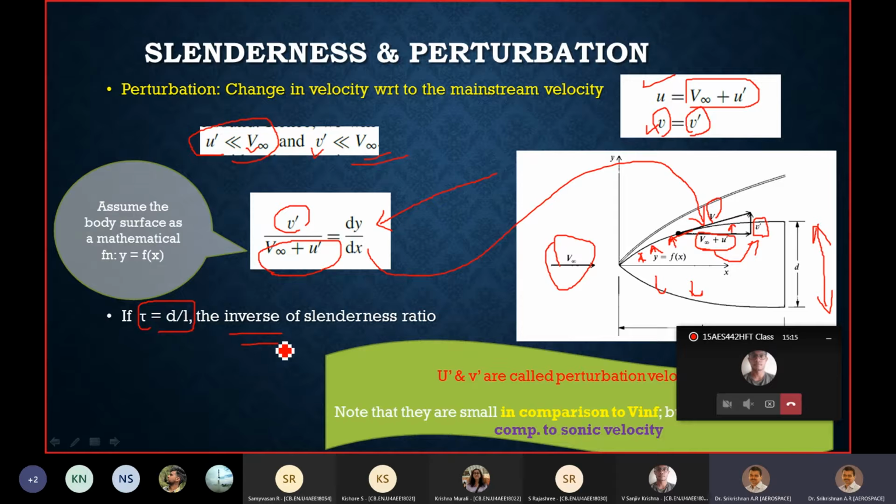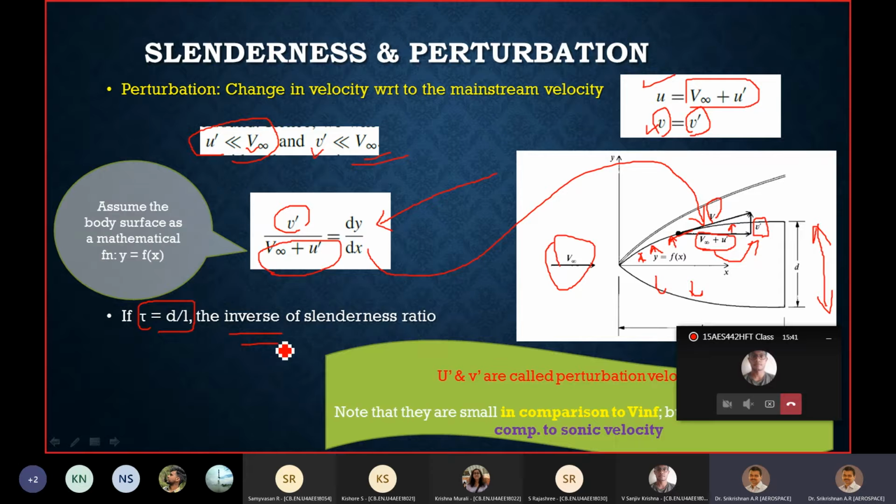I will call it a measure of the bluntness. Now, bluntness probably is not a familiar word. I don't even know whether it is in the dictionary, or whether it is grammatically correct. But for the convenience of our discussion, I may repeat the word bluntness. What I mean is the inverse of slenderness.